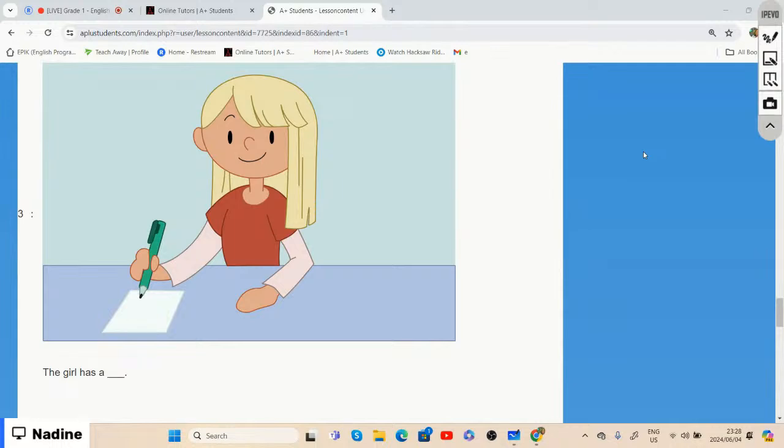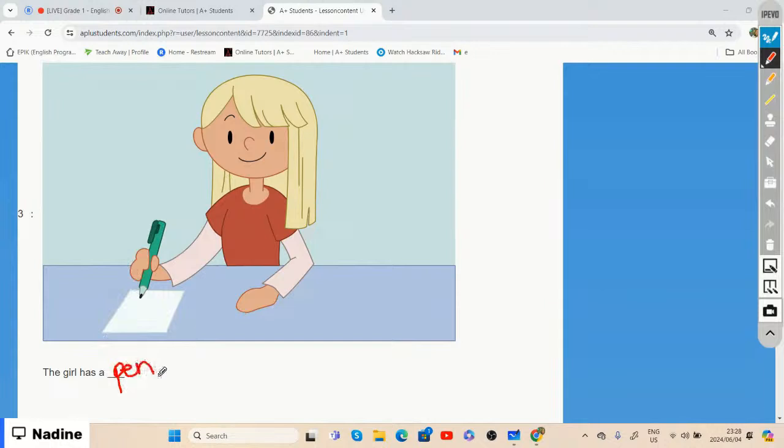So we can then say that the girl has a, yes, so we can either say the girl has a paper or piece of paper, or the girl has a pen.